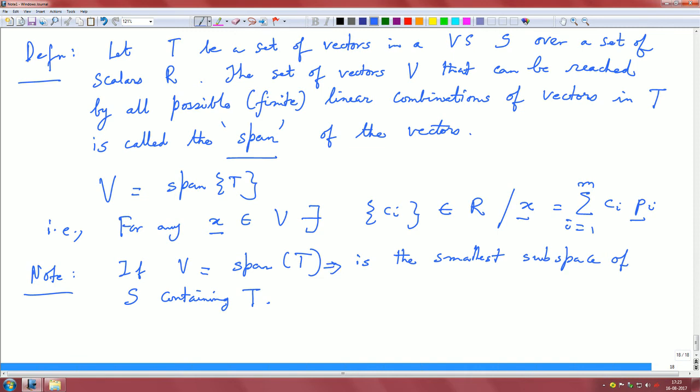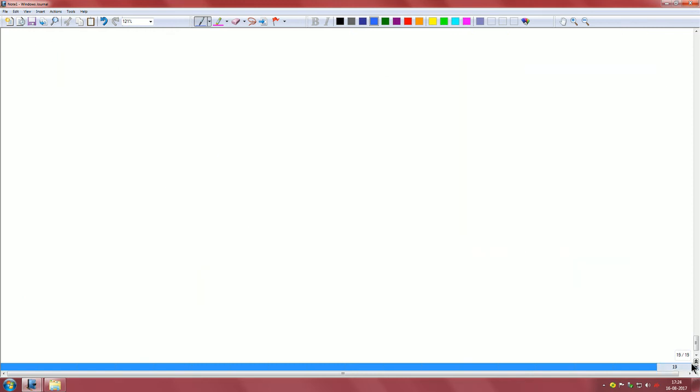Now we have some definitions on spanning set.